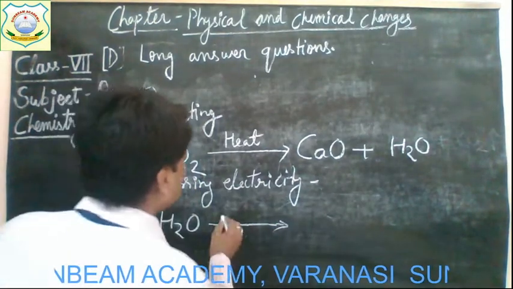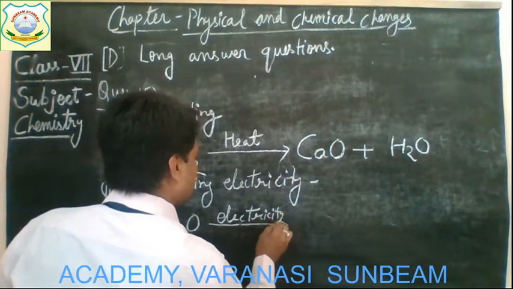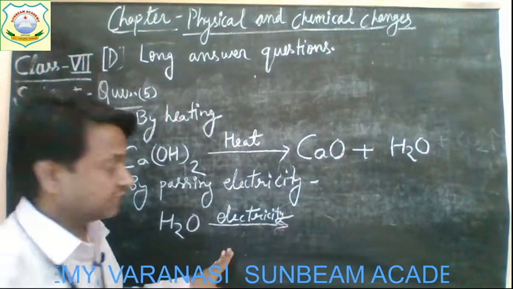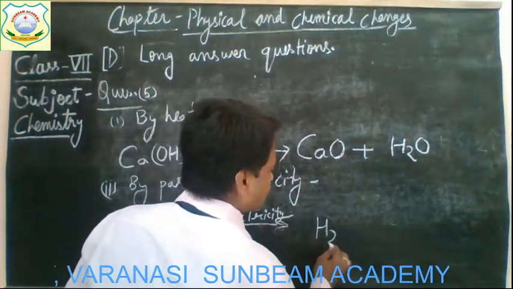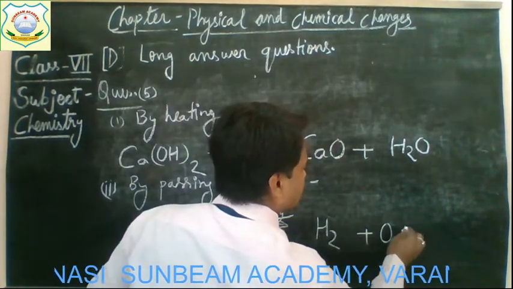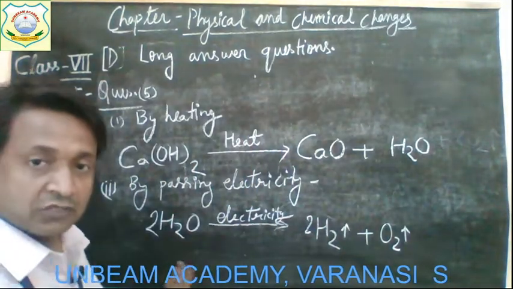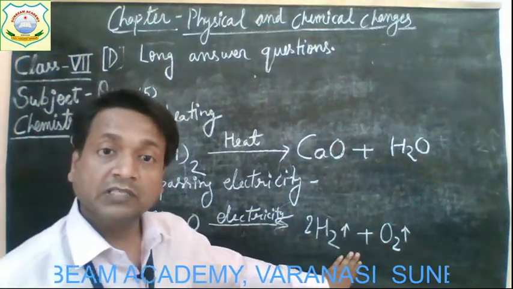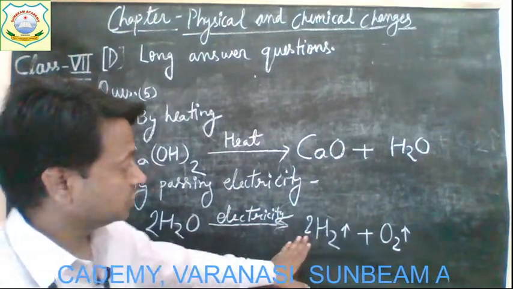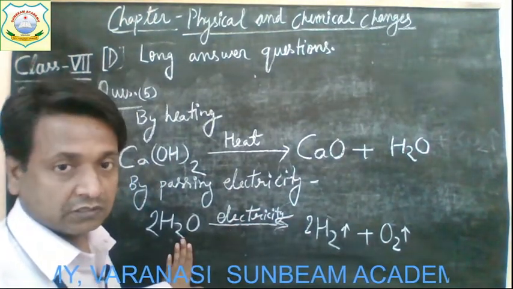in water, it breaks into simpler substances, and those substances are hydrogen gas and oxygen gas, and balance it. So this is the chemical equation in which the substance breaks into simpler substances by passing electricity in that solution.